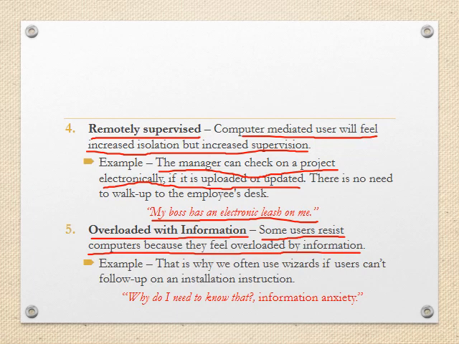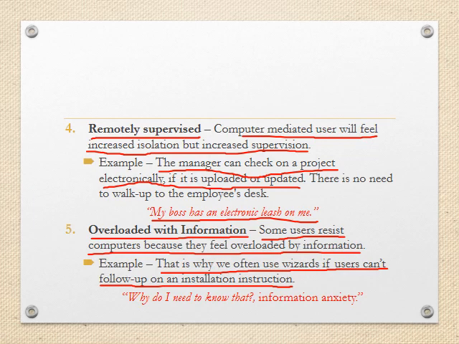That's why we often use a wizard if users cannot follow an installation instruction. For example, most of you use software and try to install software. When we install the software, we use the wizard.